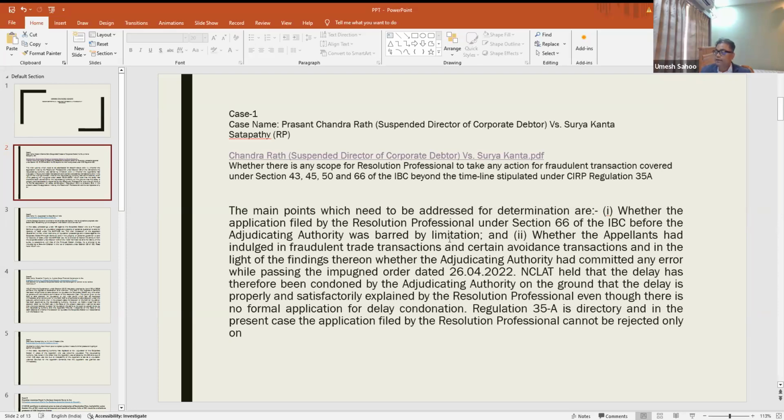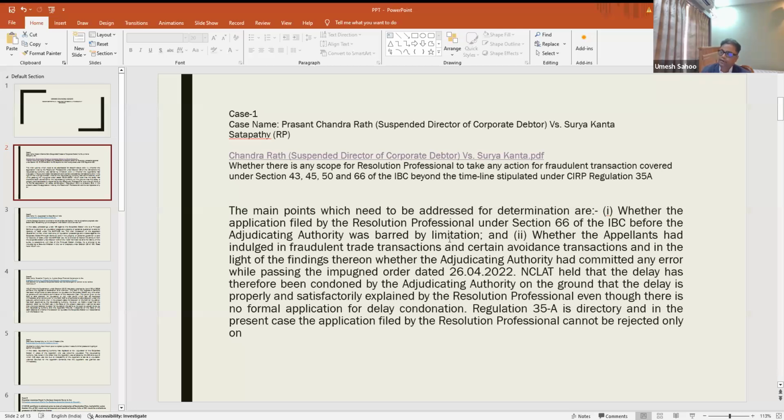After appointment of the IRP, the COC has an expectation: my money has already been diverted, siphoned, or invested somewhere, and I don't know where. Their expectation is that a new face will come to this assignment and help them understand how the funds have been diverted. Every COC, every financial creditor, has a great interest in this.